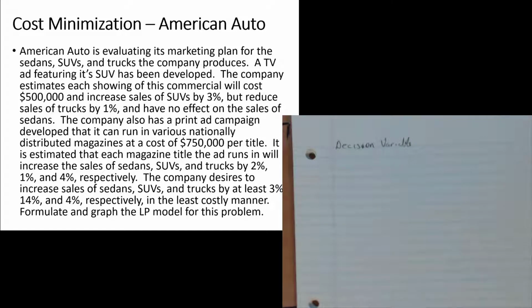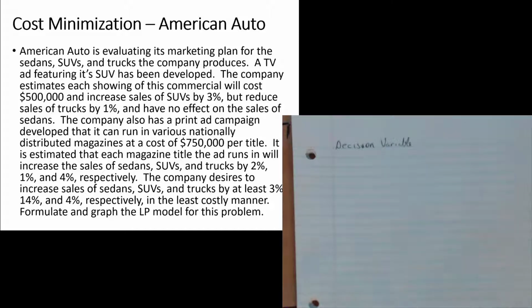So, with that in the back of our minds, we read: American Auto is evaluating its marketing plan for the sedans, SUVs, and trucks the company produces. A TV ad featuring its SUV has been developed. The company estimates that each showing of this commercial will cost, looks like something important, something we might want to minimize, $500,000 and increase sales of SUVs by 3%, but reduce sales of trucks by 1%.